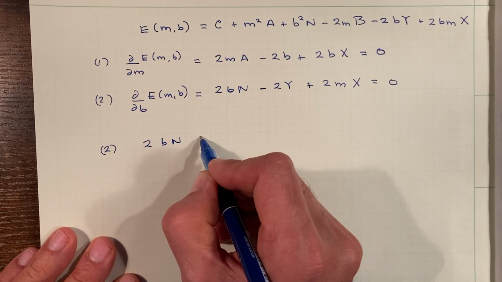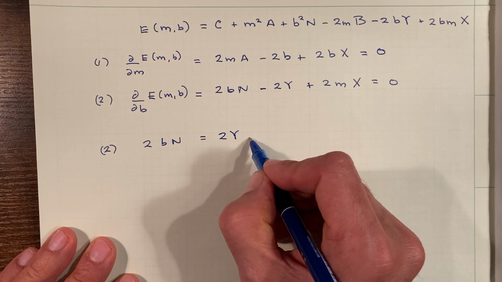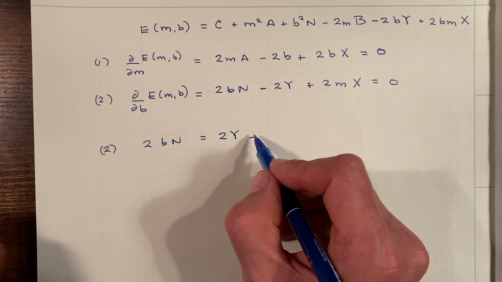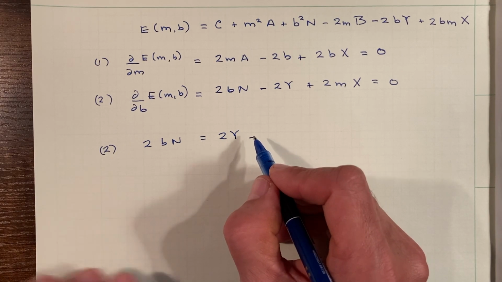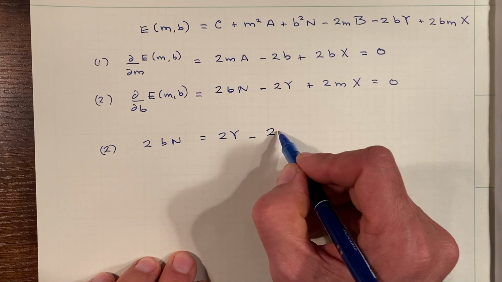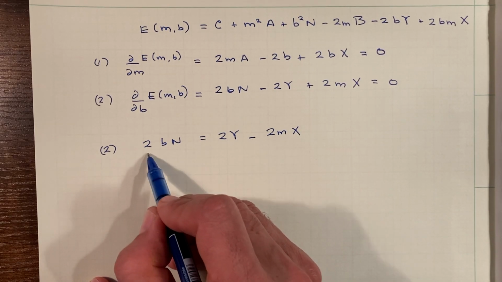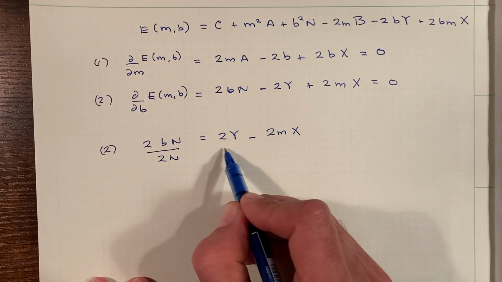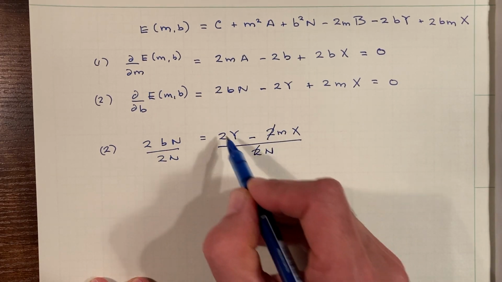2bn equals 2y minus 2m big X. We divide by 2n and do some cancellations.